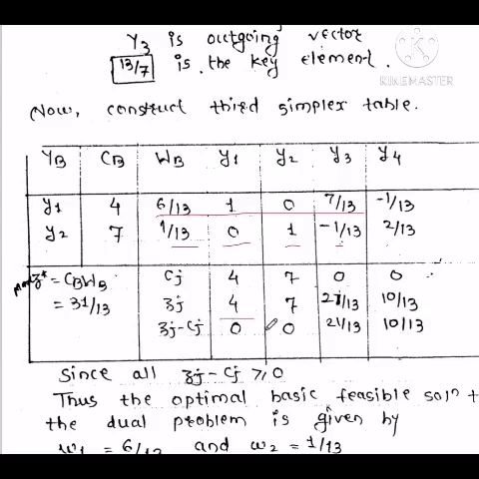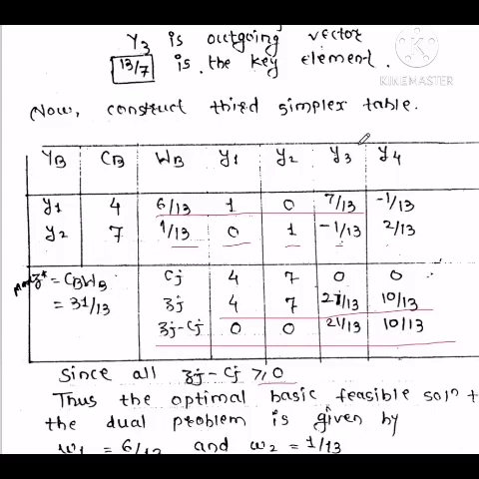So we will get these elements. So Zj minus Cj means 0, 0, 21 by 13, 10 by 13. So here all the elements of Zj minus Cj are greater than or equal to 0. Okay, positive, and hence we can say that this table will give the optimum solution.